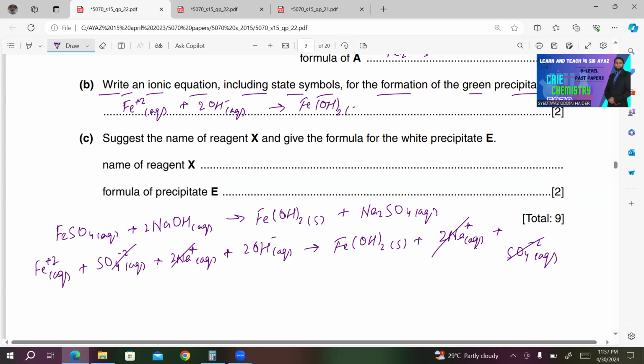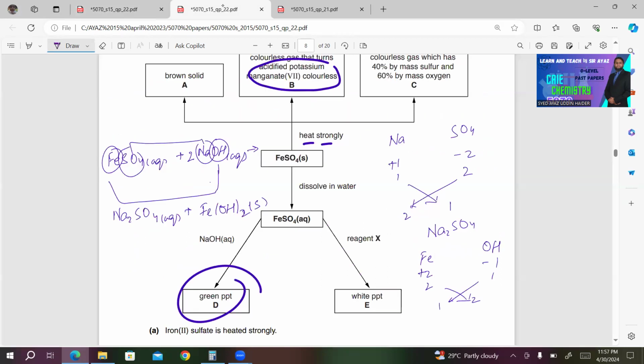Part C: suggest the name of reagent X and give the formula for the white precipitate E. So you are getting a white precipitate. X must be barium nitrate or any soluble salt of barium.